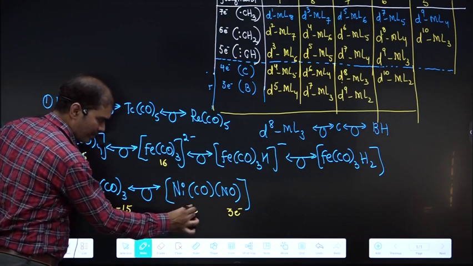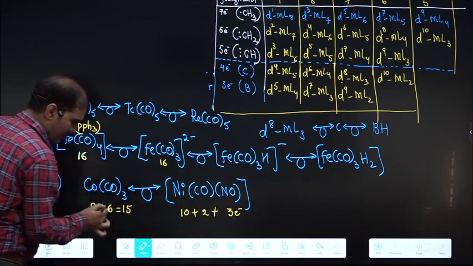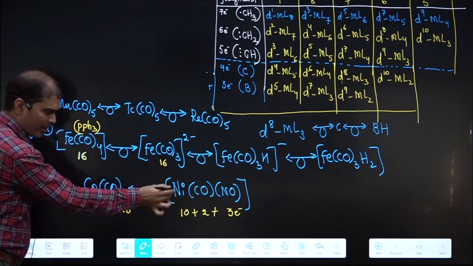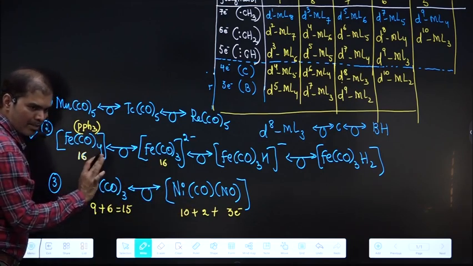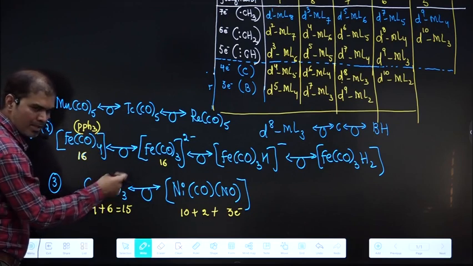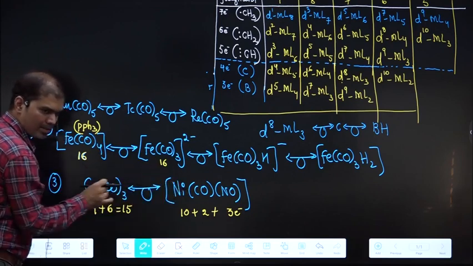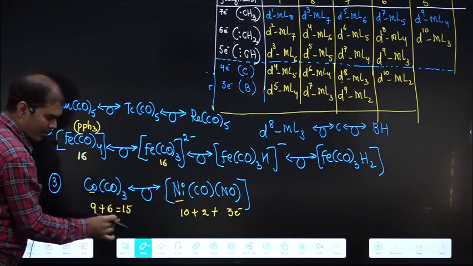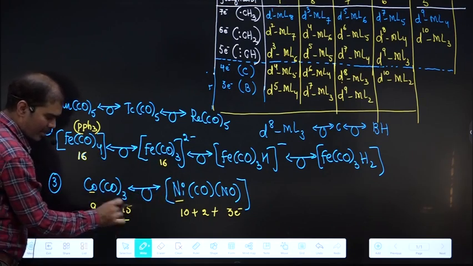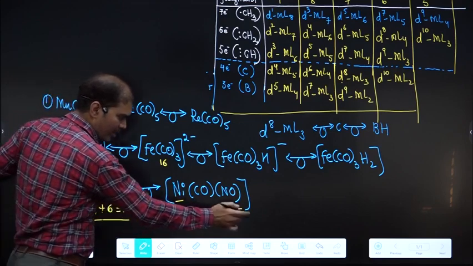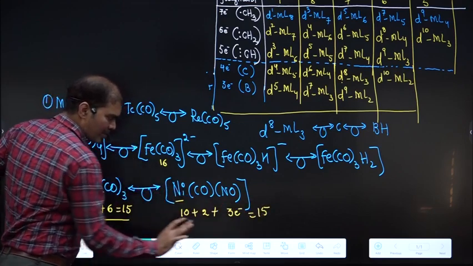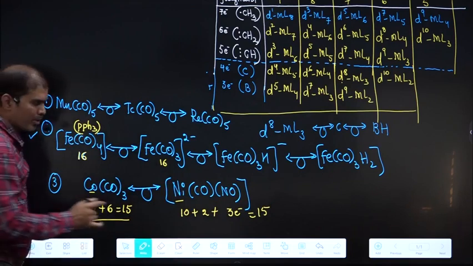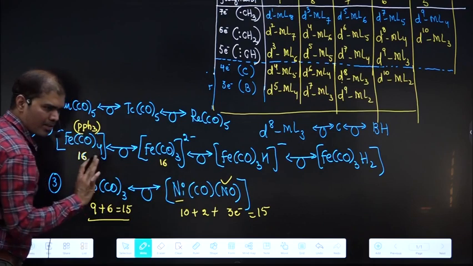Nickel is 10, this is plus 2, 9 plus 6 is 15, 10 plus 2 plus 3 is 15. So I can make a proper charge replacement once I replace carbonyls with nitrosyls. Now this is also isolobal. This is cobalt. In this case, the metal is different, but the number of electrons is the same. 9 plus 6 is 15, 10 plus 2 plus 3 is 15, provided nitrosyl is considered as a 3-electron donor. In organometallic chemistry, for most of the clusters, nitrosyl is taken as a 3-electron donor only.